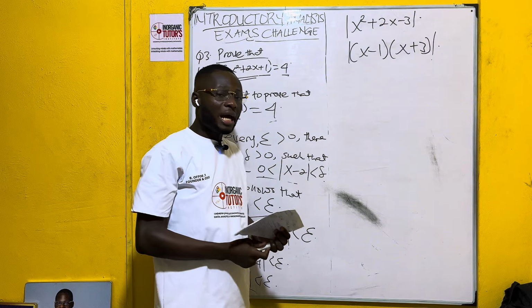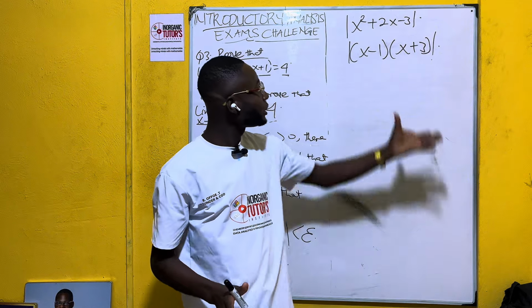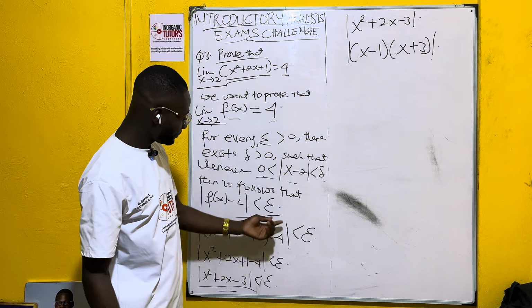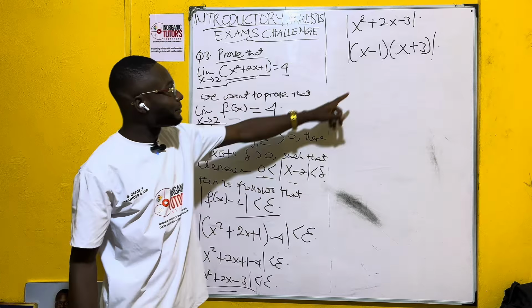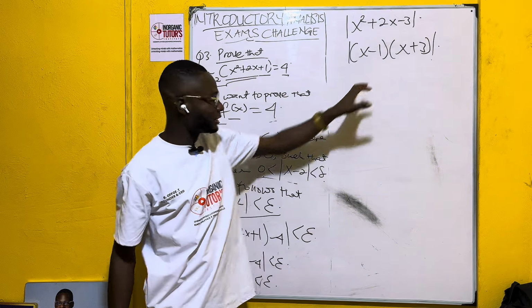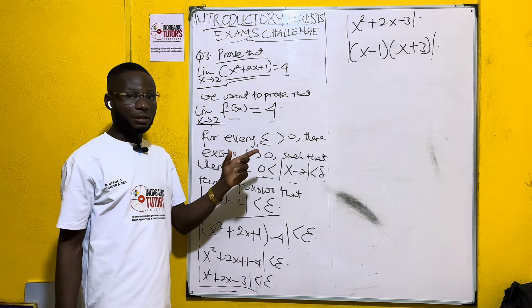Now, we have to make sure that we control the expression. You realize that we don't have x minus 2 in it, right? We have to get x minus 2 to be able to substitute delta.